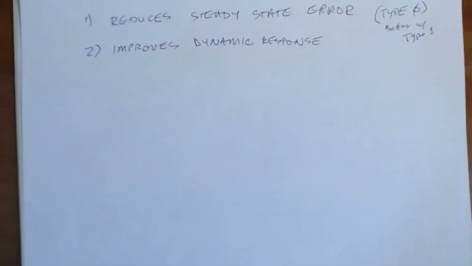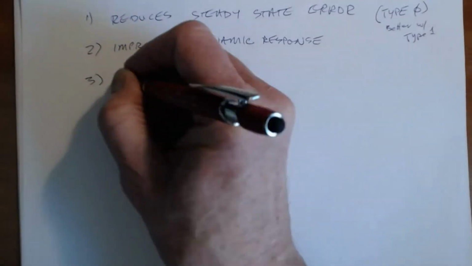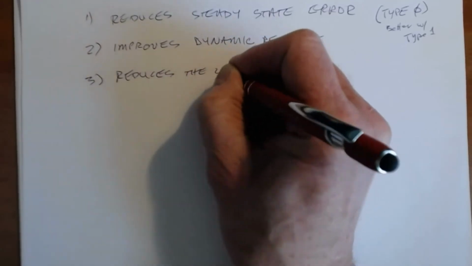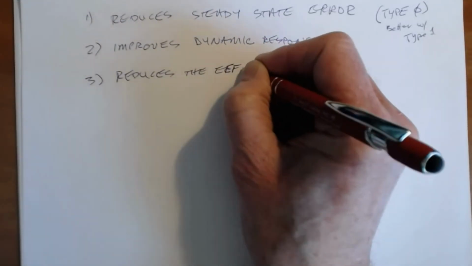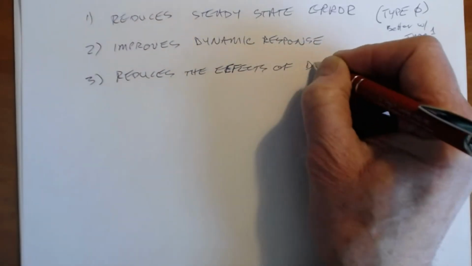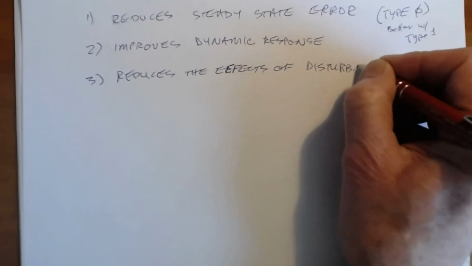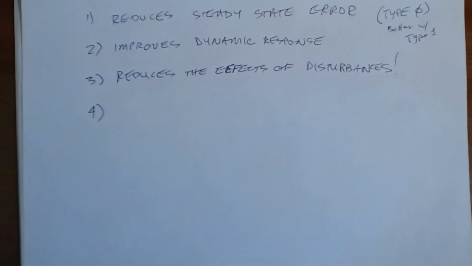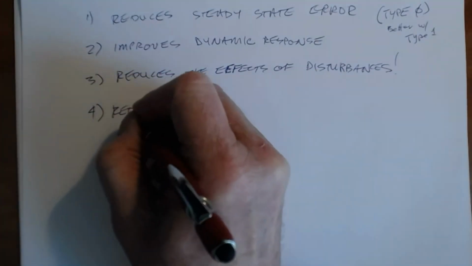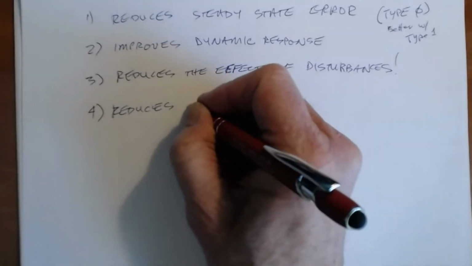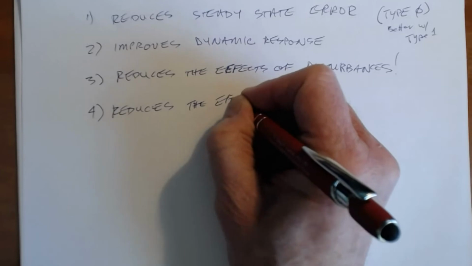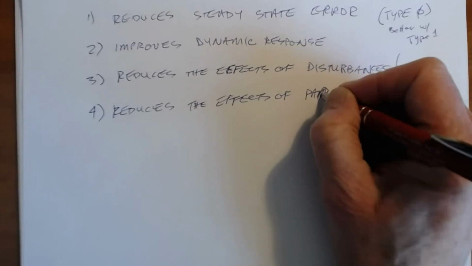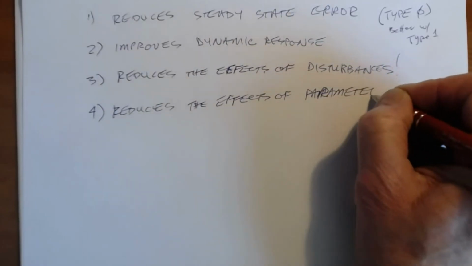Oh, we can make it faster and faster. 3, it reduces the effects of disturbances. 4, it reduces the effects, I'll spell it right this time, of parameter errors.